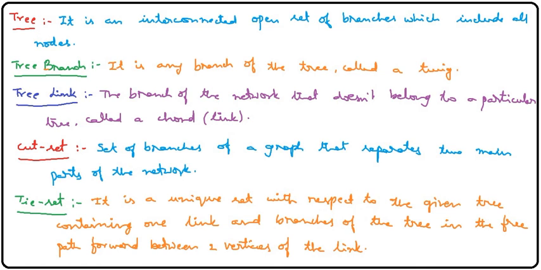A tie set is a unique set with respect to the given tree, containing one link and the branches of the tree in the free path between the two vertices of the link. This is the basic definition, and we will see how it is implemented in the next video.